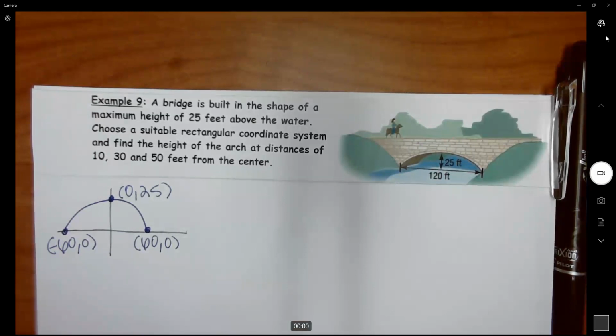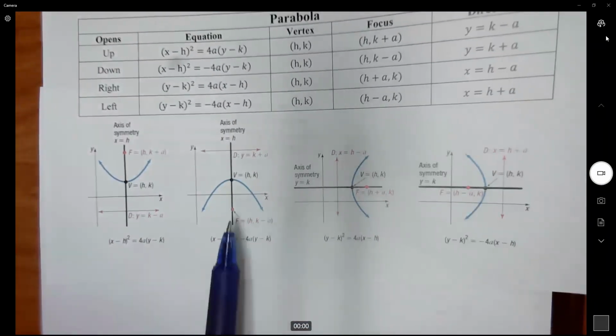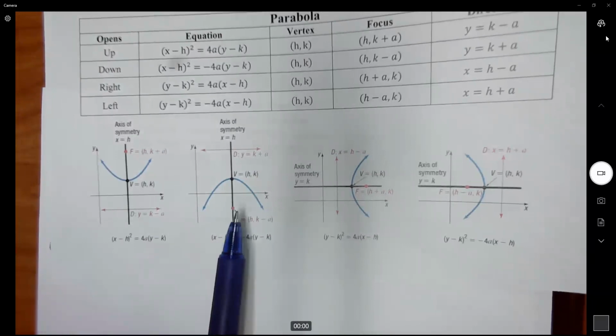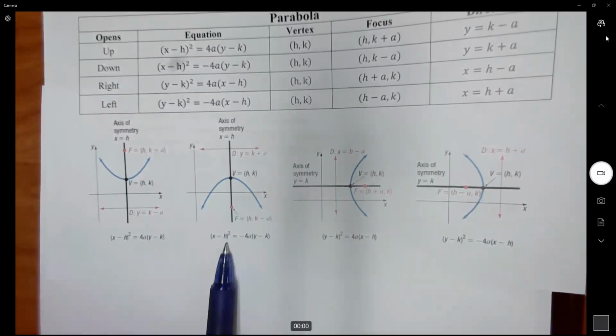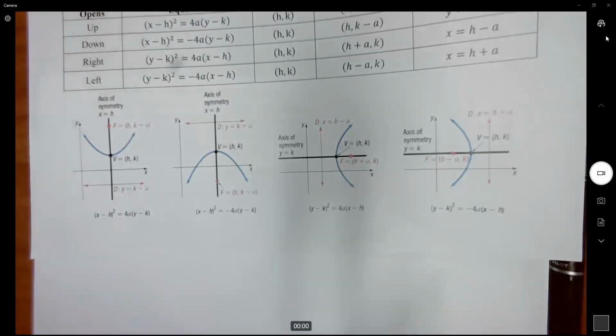All right. So looking at my formula sheet here, my parabola is opening up, or sorry, opening down right here. So I'm going to use this formula right there. So I'm going to write that on my paper.